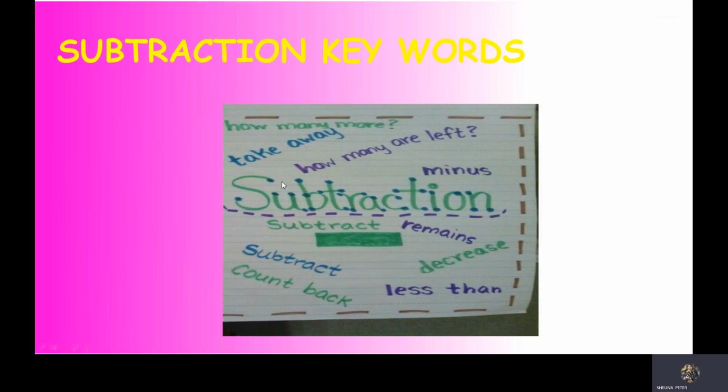Now these are the subtraction keywords, such as how many are left, minus, subtract, remains, count back, less than, decrease, take away. So all these words are known as subtraction keywords. So we have learned addition keywords. Now these are the subtraction keywords.